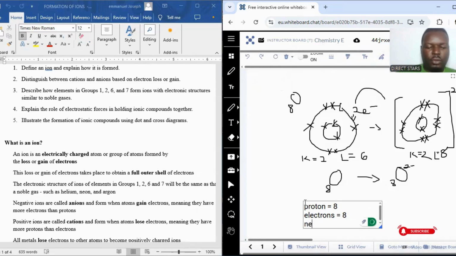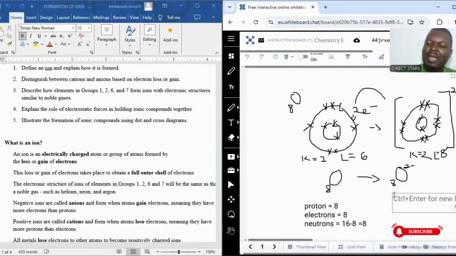And the number of neutrons equals 16 minus 8, which is still 8. That is for the oxygen atom. But for the anion, the ion of oxygen, your protons is still the atomic number, which is 8. But this time your electrons have increased by the 2 that it gained from another atom, and that becomes 8 plus 2, which equals 10.